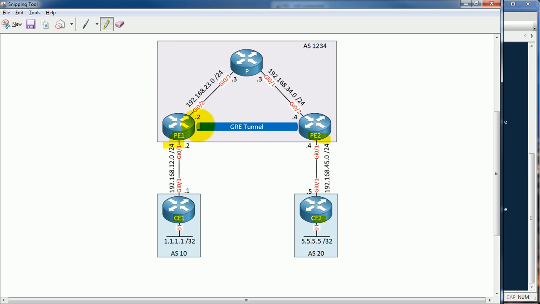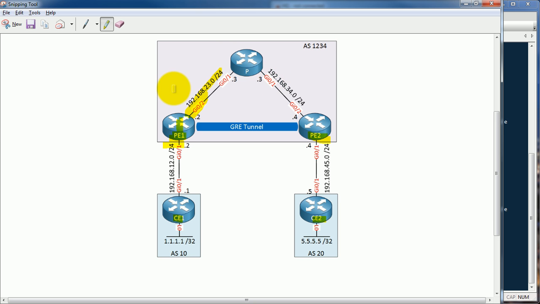We have an OSPF process running on this, and we advertise the loopback network and this physical network.